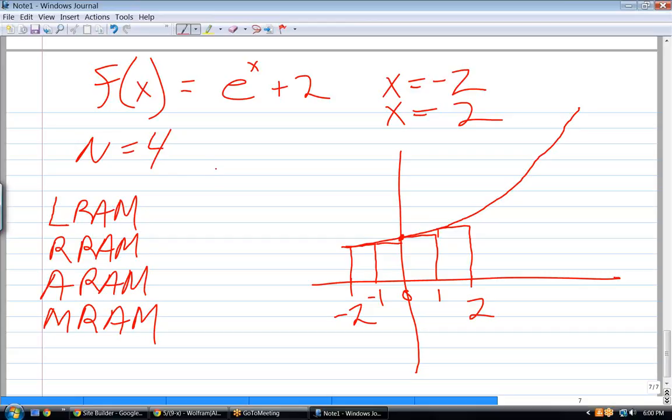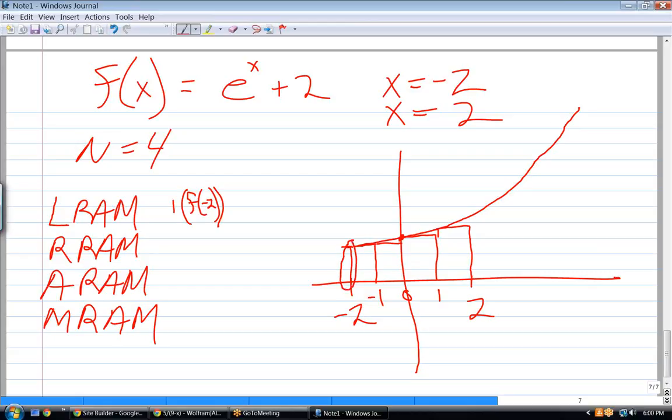So base would be 1. Correct? The height would be f of 1. No, f of -2. In other words, we're talking about that height right there because we're using left RAM.